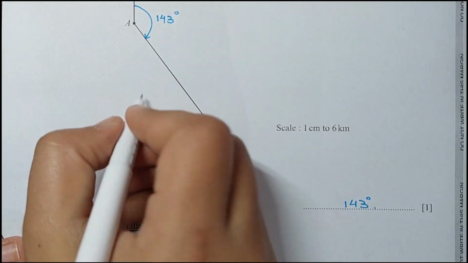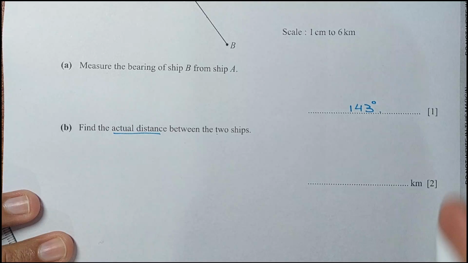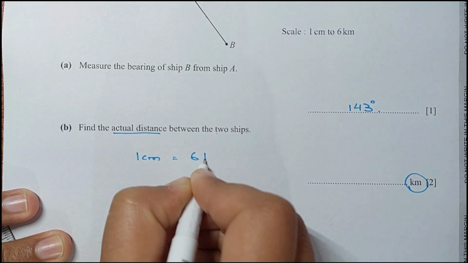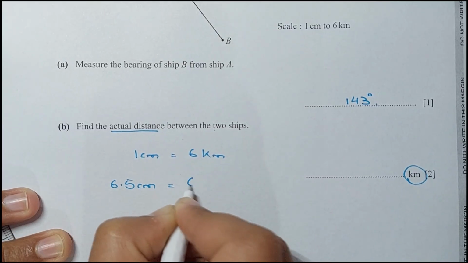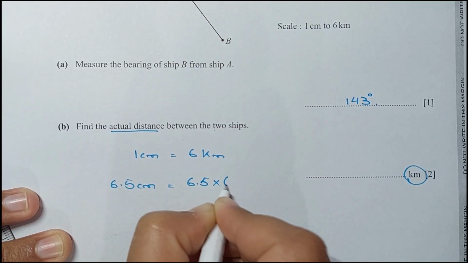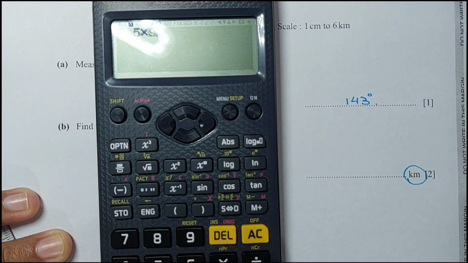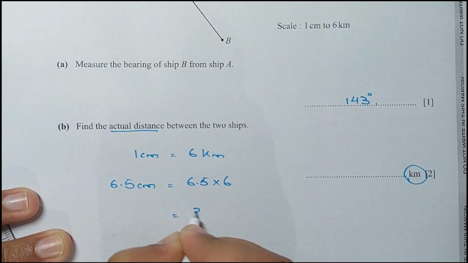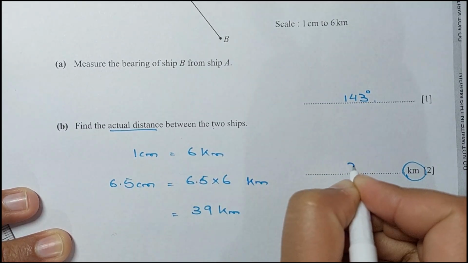We have to convert this in terms of kilometers. 1 centimeter is equal to 6 kilometers. What is 6.5 centimeters? This is 6.5 times 6. 39 kilometers.